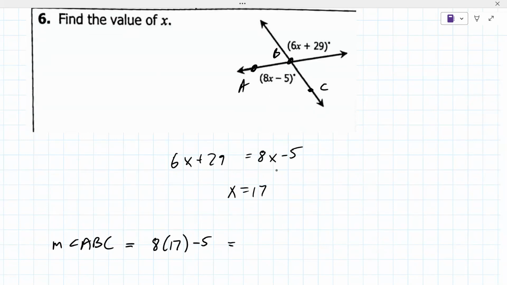Let me know what you come up with. Is it 131? Sounds reasonable.